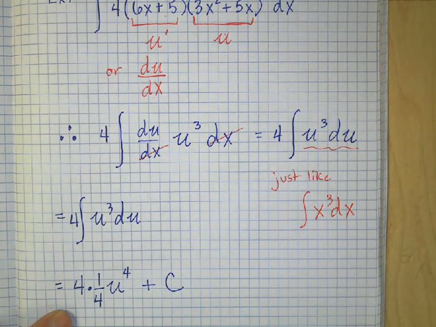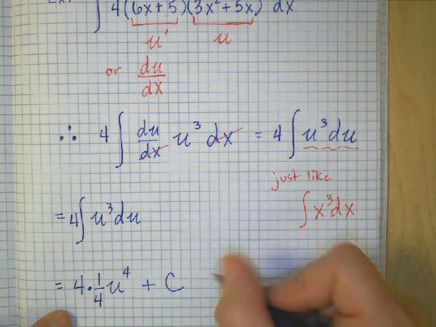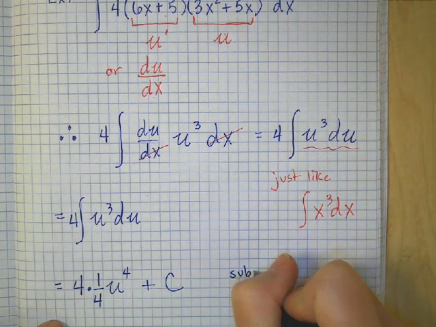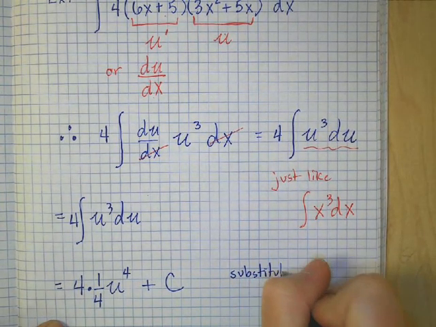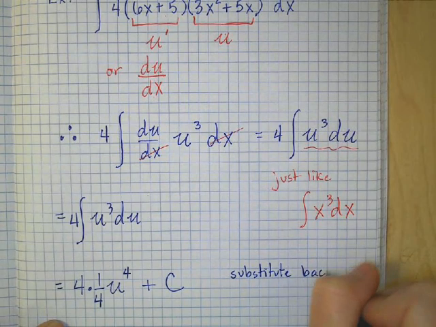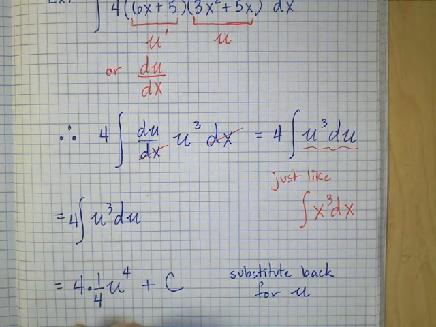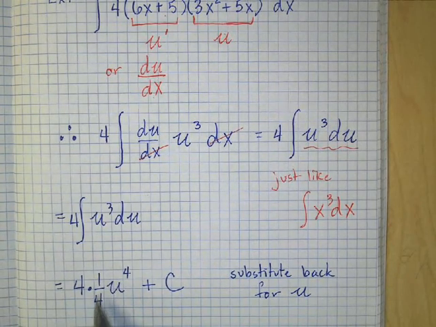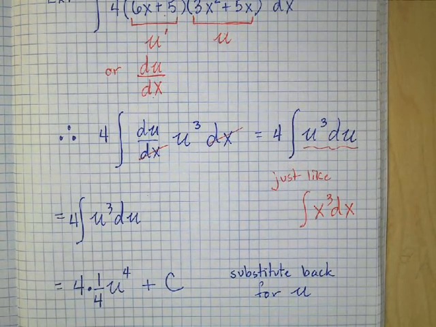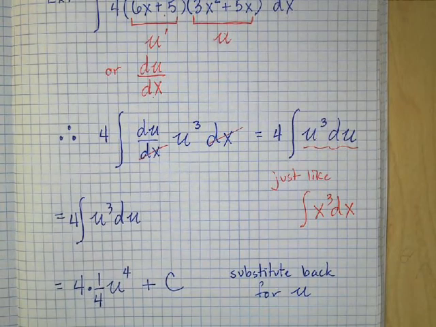Now we're going to substitute back in for u. Okay, so if I substitute back, 4 times 1/4 is just 1. And then my u, what was my u?